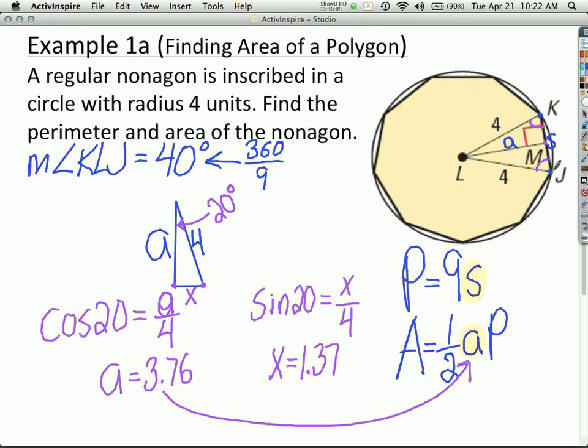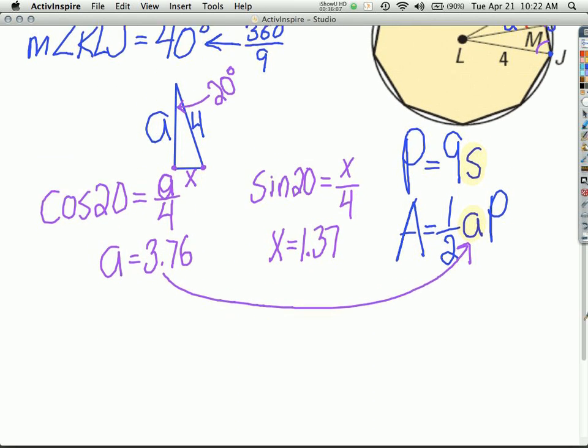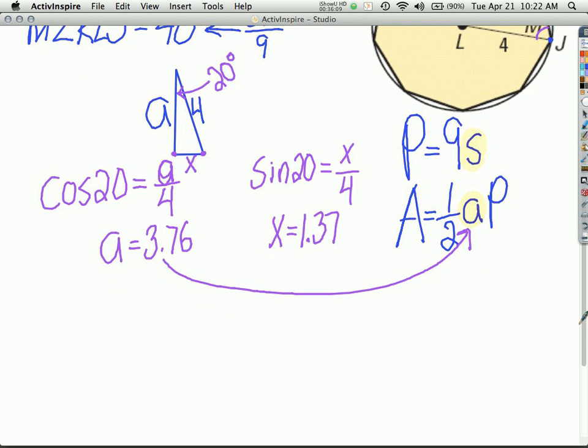Multiply it by 2. What do you get? Alexandra, you got it? What is it? So you get 2.74, and so now we've got S right there.